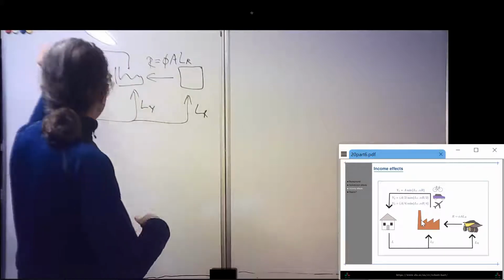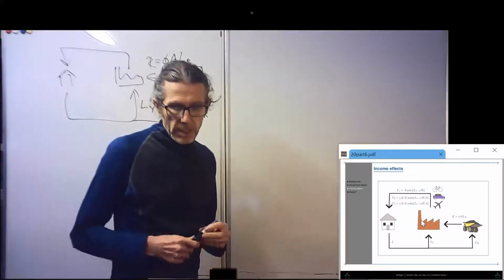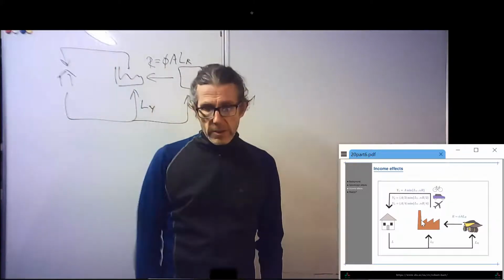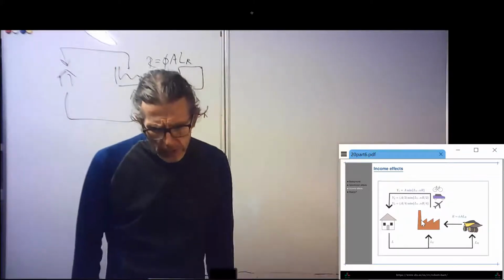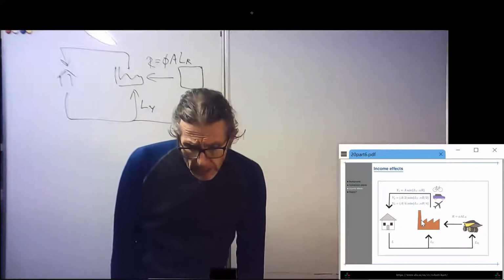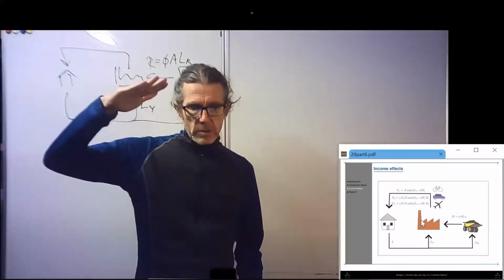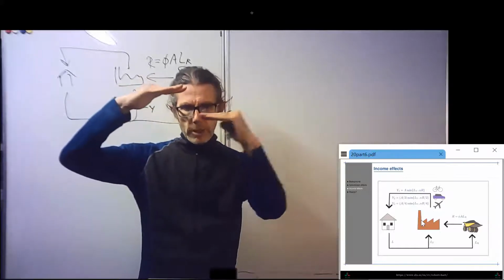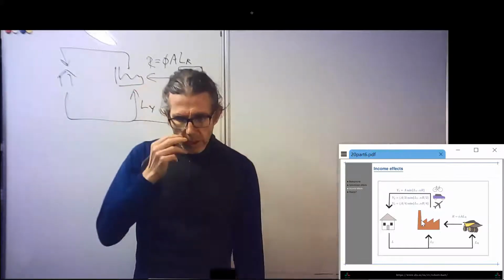There are multiple products. Okay. And there can be any number of products in this model, which is kind of nice. And they're indexed. So it's not a continuum of products. There's like product 1, product 2, product 3, and so on.